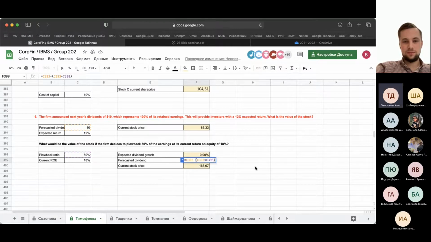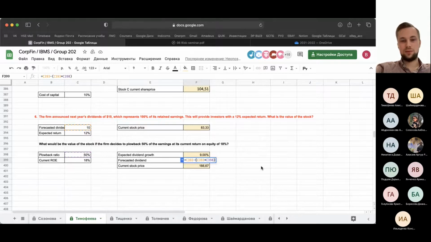We should take the forecasted dividend 10 and subtract 10 multiplied by 50%. Yeah, and why should we do this? What is changing here? Because we have a plowback ratio of 50%, it means that our forecasted dividend should be less by 50%.